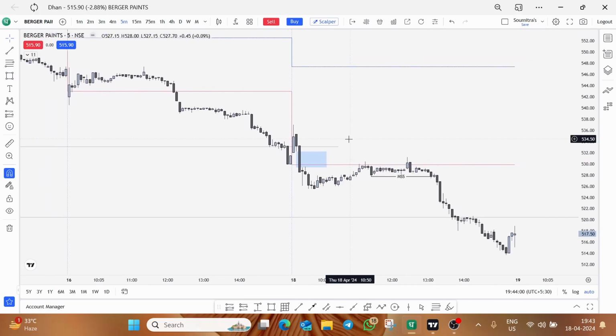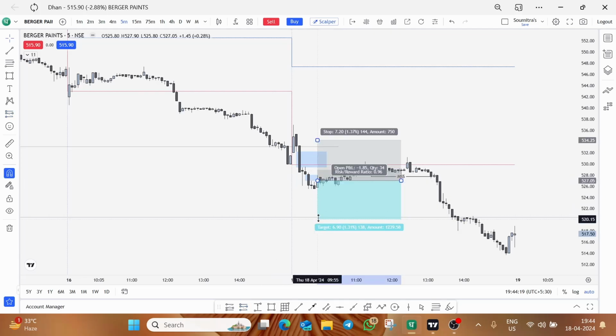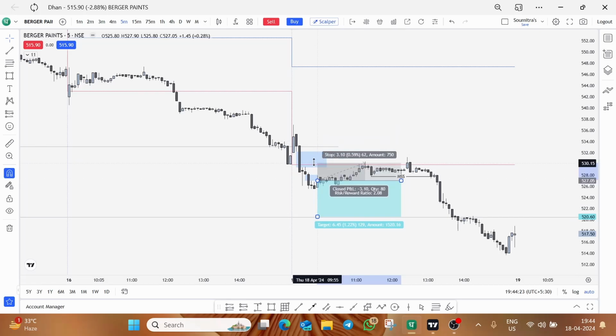After that, we were waiting for the second fair value gap, which is this one. So our first trade was like this, from here to here, keeping our stop loss right below here.